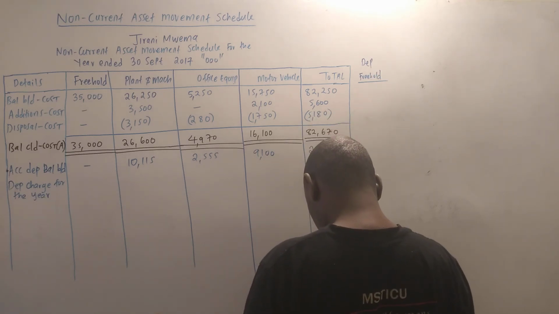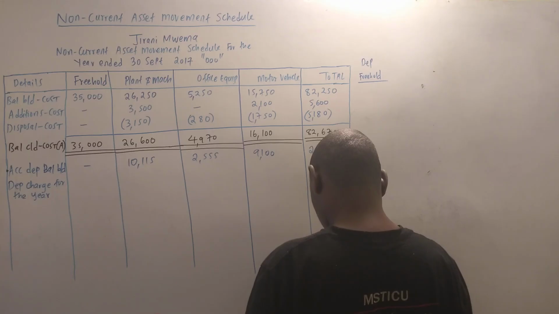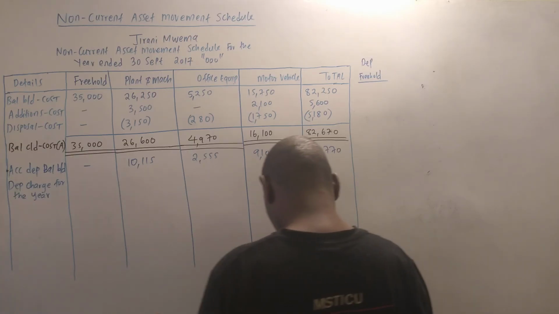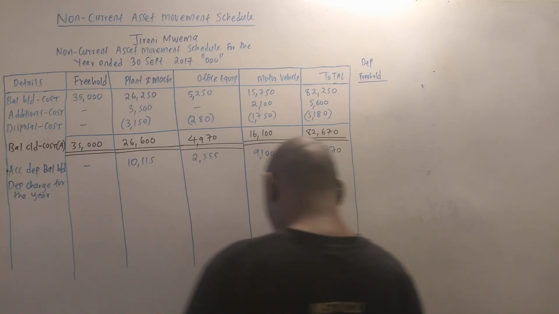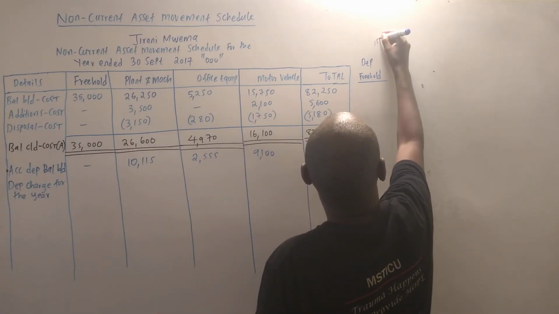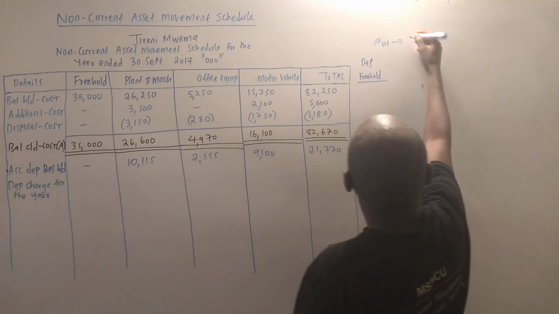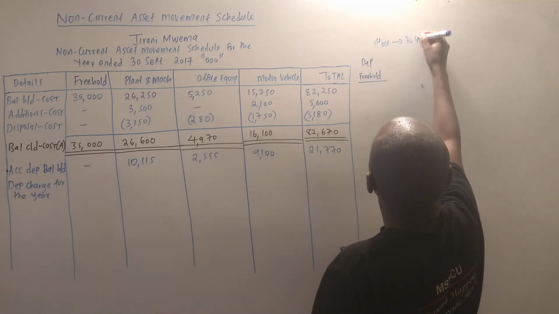Now Freehold, they said on 1st October 2016. And when does the year start? October, it ends on September. So the year starts on 1st October and ends on 30th September.